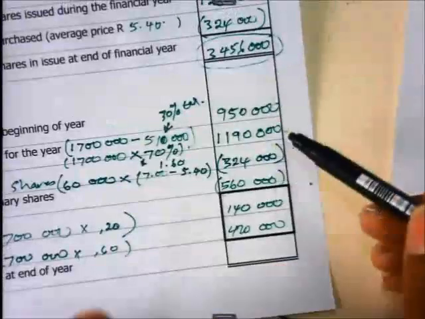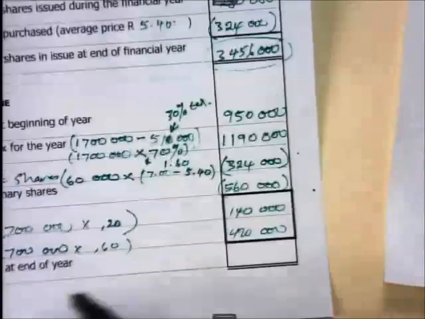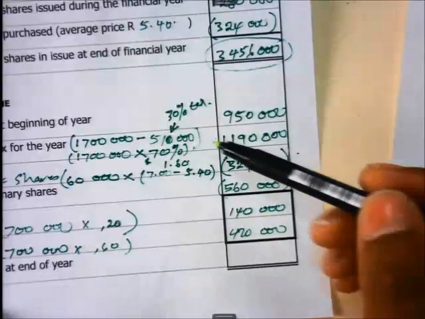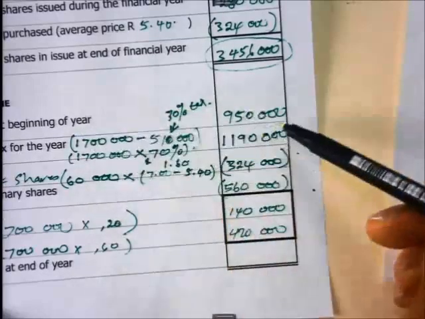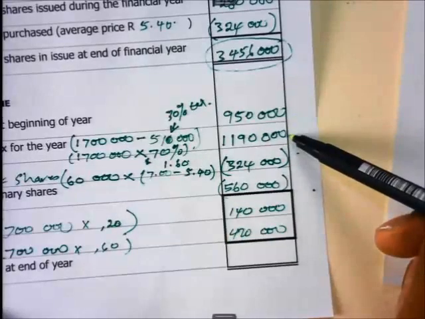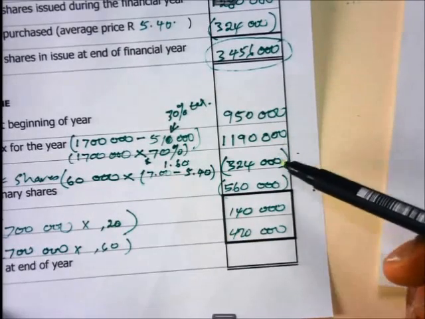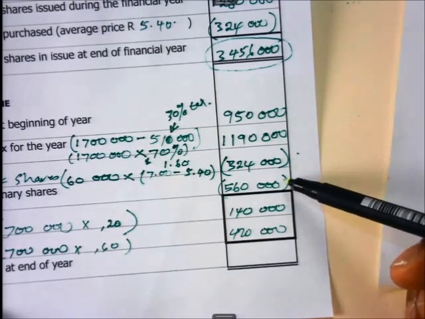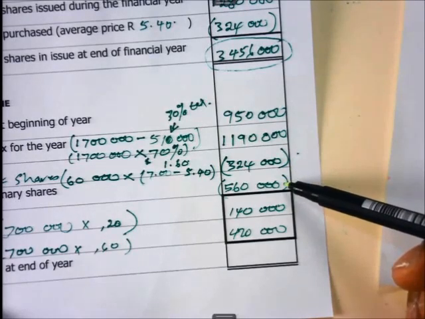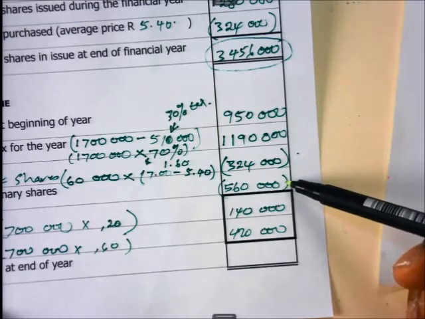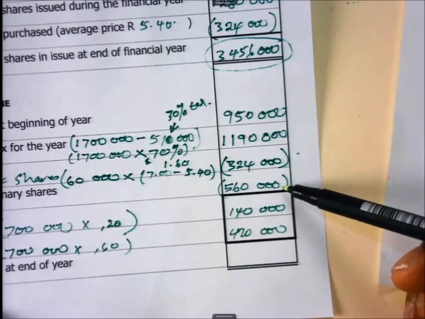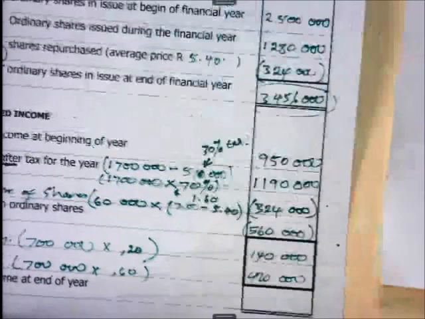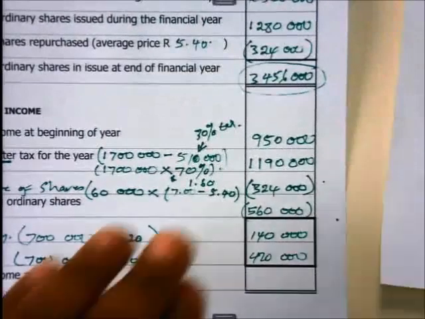Now, in order to get retained income at the end of the year, you say retained income at the beginning, add net profit after tax, minus the amount paid for repurchase of shares, minus the amount for ordinary share dividends. It will give you retained income at the end of the year.